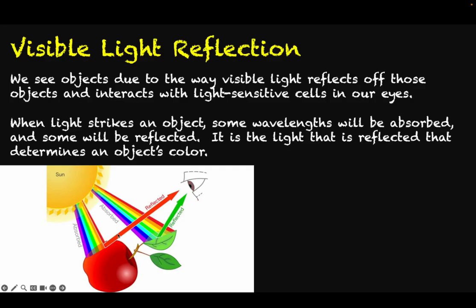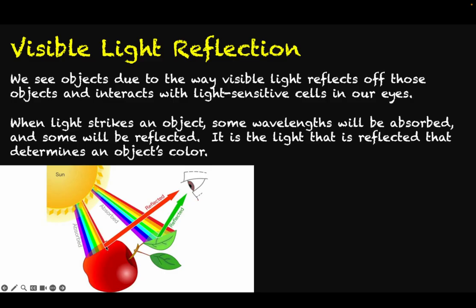Well, what is happening here is each object that has a particular color contains pigments that will absorb particular wavelengths while reflecting others. So what you're seeing here is that when that white light strikes the skin of the apple, the pigment that is in the apple is going to absorb the purple and the blue and the green and the yellow and the orange, but it's actually going to reflect the red.